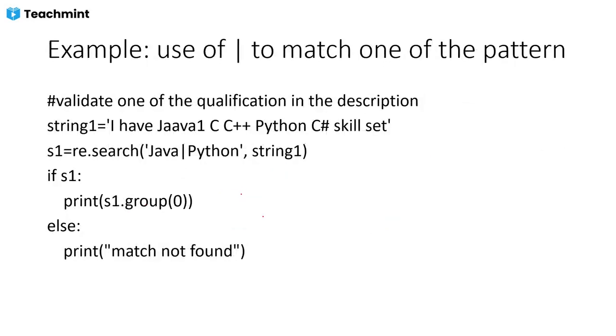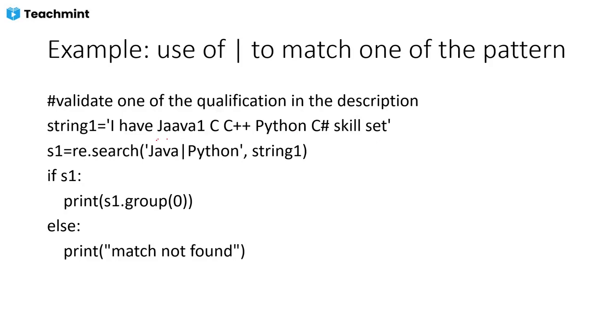Now, suppose in a form a user entered many details, and one such detail consists of additional skill set or qualification. For example, the user has given the information in the form of text, like I have Java, C++, Python, C# skill set. I'm going to choose that particular applicant based on one or a few skills. I'm not worrying about all the skill sets.